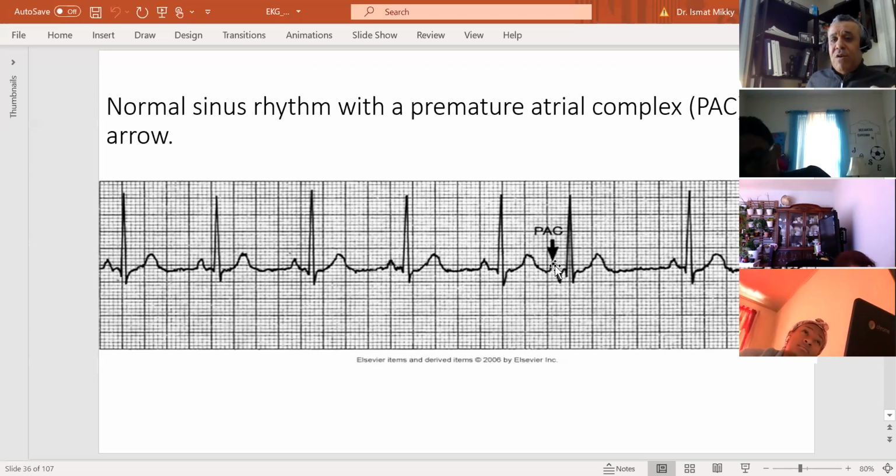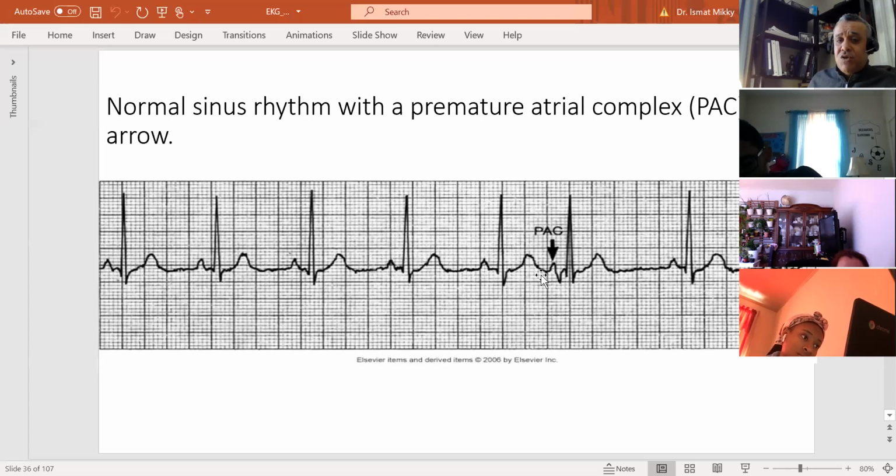So first of all, the P wave comes prematurely. Second indication of the PAC is that the P wave will be different from the rest of the P waves. It doesn't look similar to the rest of the P waves, very different. The third indication is that the R wave will also fall prematurely.